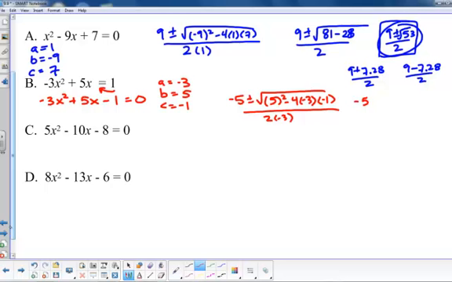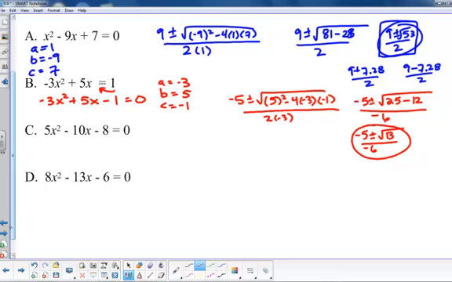So negative 5 plus or minus square root of 25 minus 12 all over negative 6. So that's negative 5 plus or minus square root of 13 all over negative 6. Again, this is a fine answer to leave it like that.